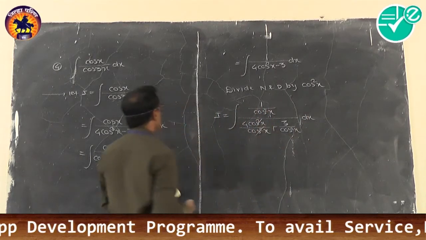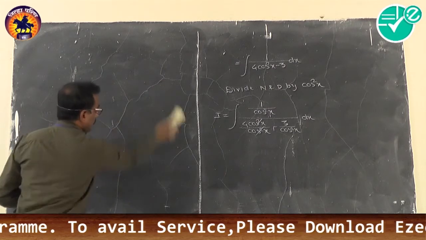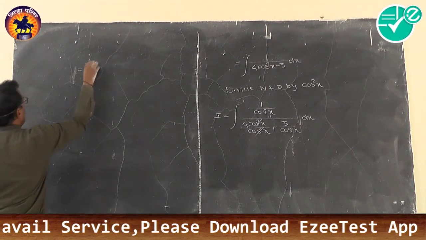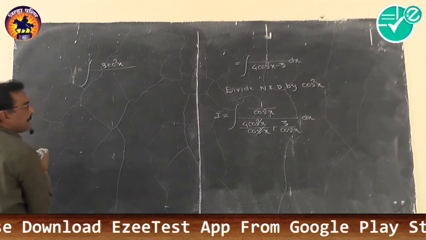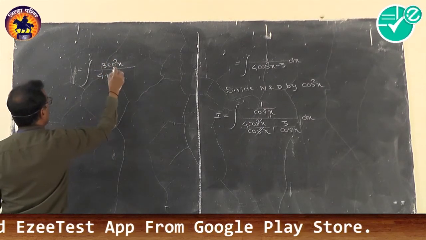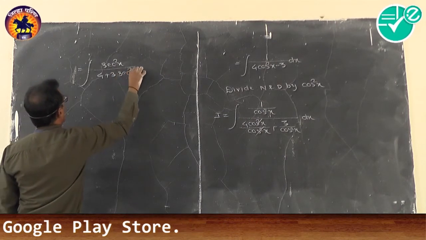This cos square x and this cos square x cancel. What remains after this here? It is sec square x upon 4 minus 3 upon cos square x. Repeat: sec square x.